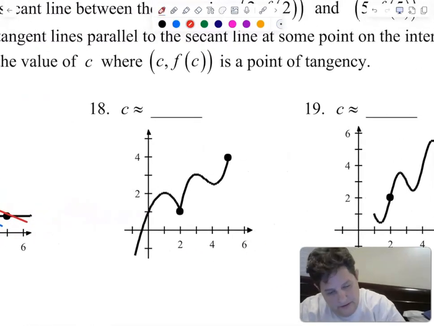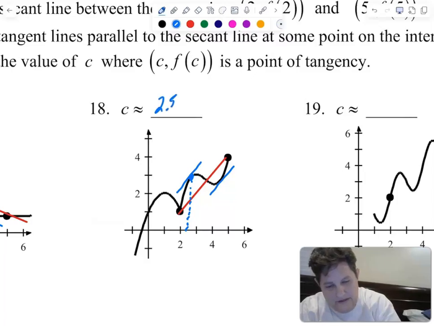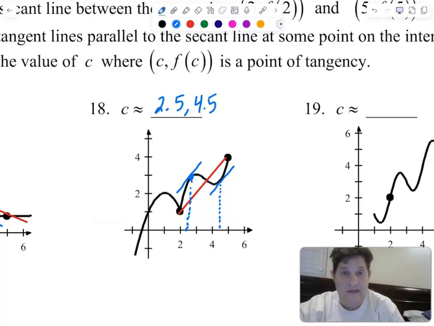Let's look at this one. Between 2 and 5, I feel like there's actually a couple. There's one right there and about right there. This one is at maybe 2.5 or just close, and this one is at maybe 4.5. The interval on these problems is 2 to 5.